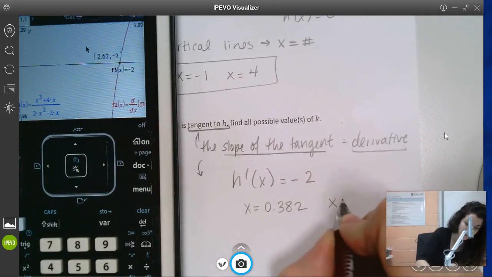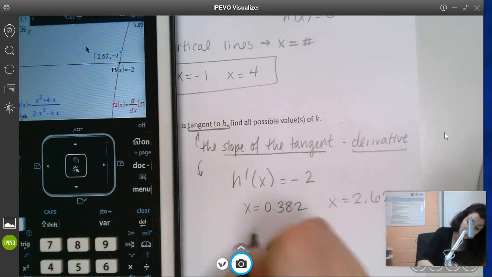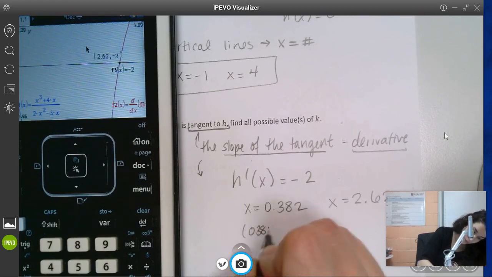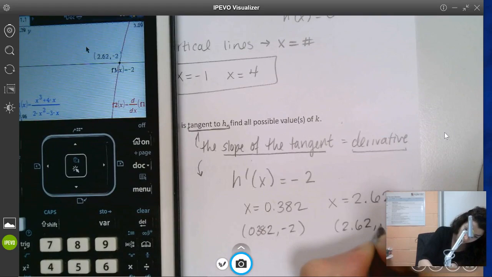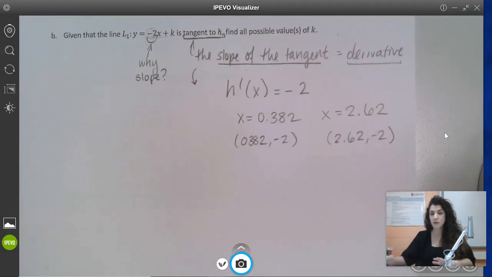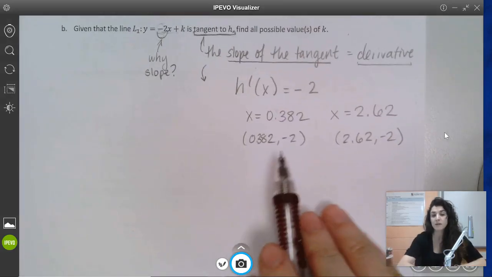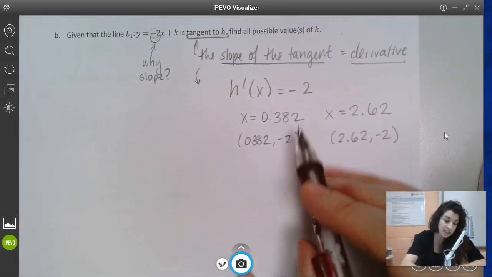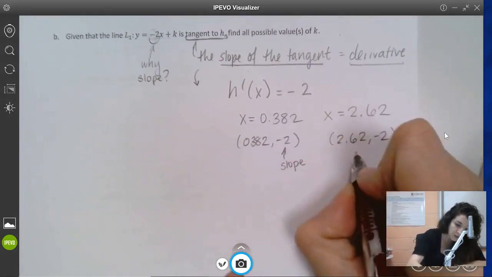My second x value is 2.62. So these are the points on my derivative which would give me a slope of -2.